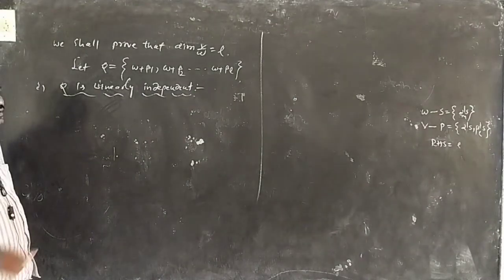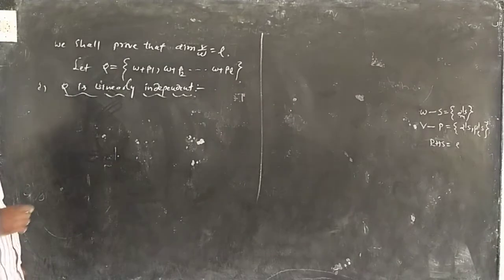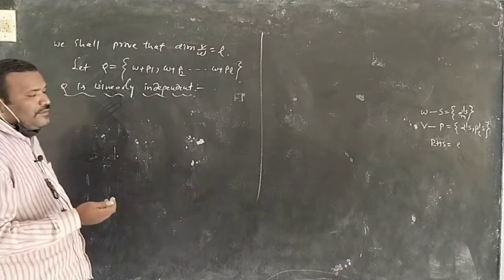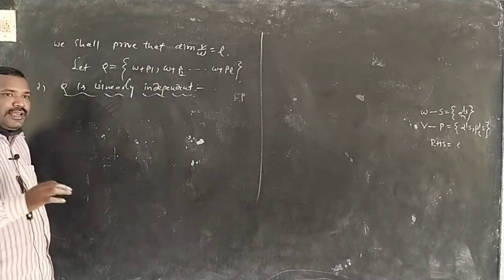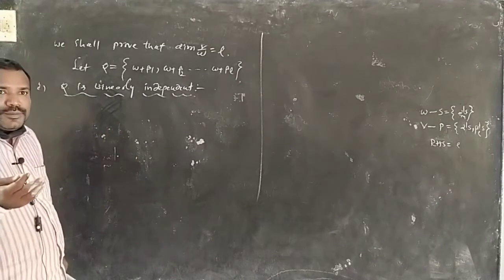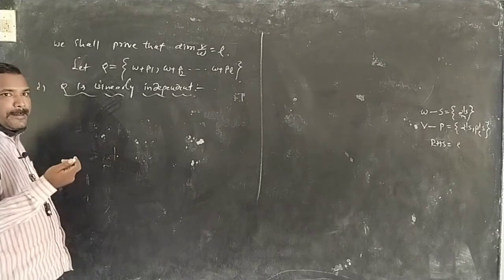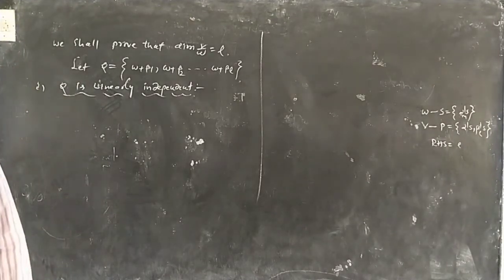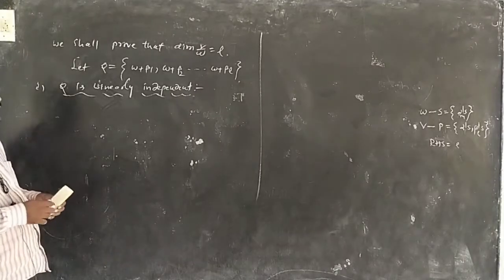So in order to say Q is linearly independent, we write a linear combination. There are L vectors, so we take L scalars. Which scalars are used earlier? Okay.